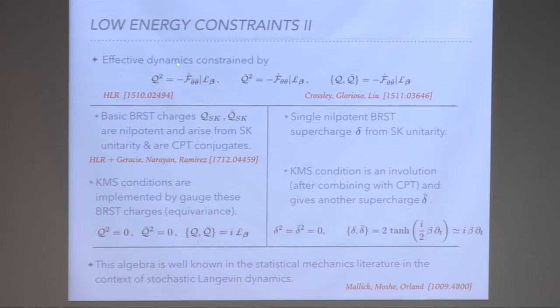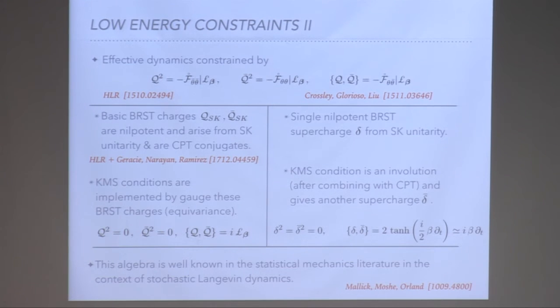And remember that these field strengths carry ghost number, because Q carries ghost number plus 1, so this carries ghost number plus 2, this carries ghost number minus 2, but this anti-commutator has a right hand side that carries no ghost number. Okay? So you can check this explicitly.